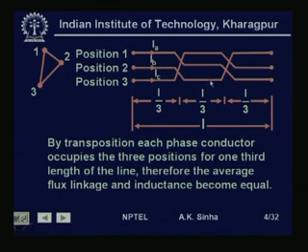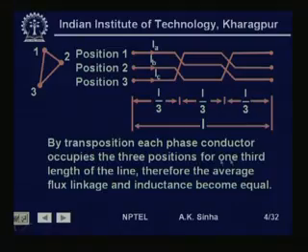For the next 1/3 length of the line it is in position 3, and for the last 1/3 length of the line it is in position 1. In this way, each phase conductor is occupying all the 3 positions, which results in average flux linkages being equal. So, we say that by transposition each phase conductor occupies the 3 positions for 1/3 length of the line. Therefore, the average flux linkage and inductance become equal.